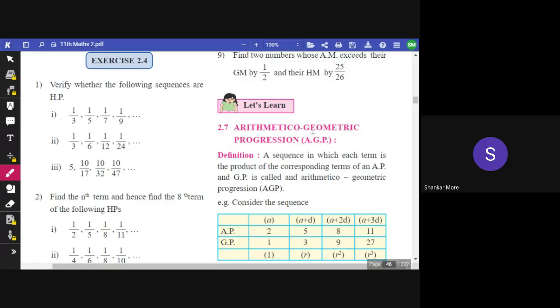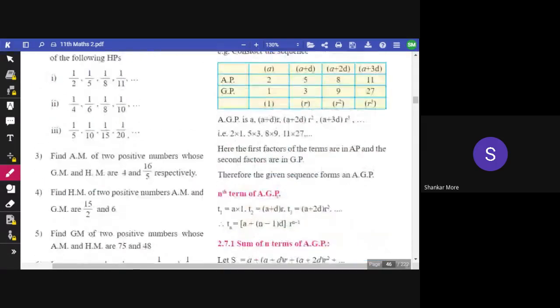Arithmetico-geometric progression, AGP. Now what is the definition of AGP? A sequence in which each term is the product of the corresponding term of an AP and GP is called arithmetico-geometric progression or AGP.